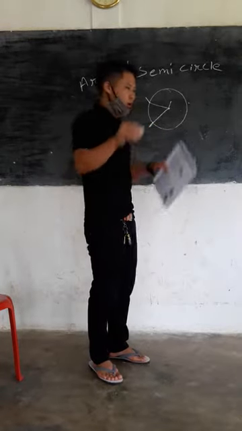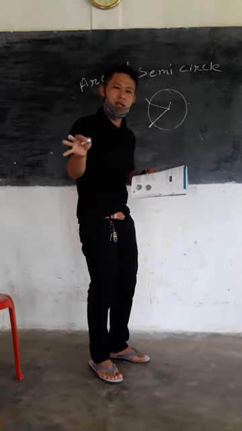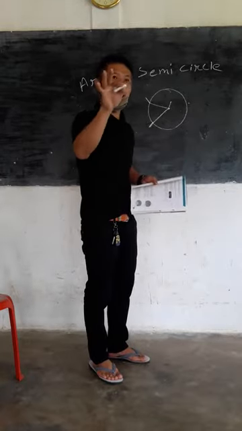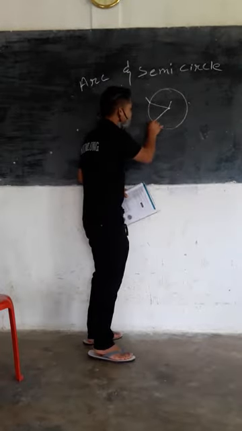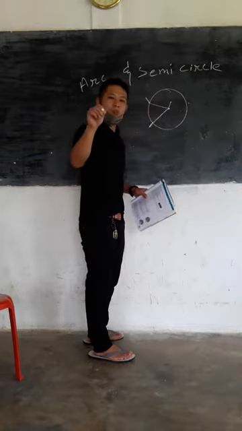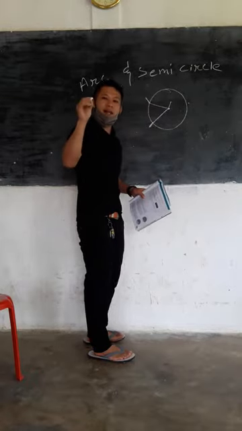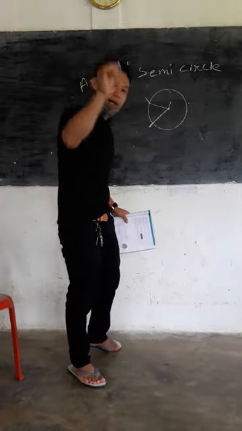So you can write like this: an arc is any part of the circle enclosed by 2 points but represents 3 points of a circle. That is an arc.